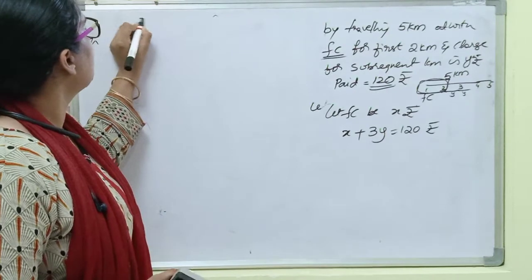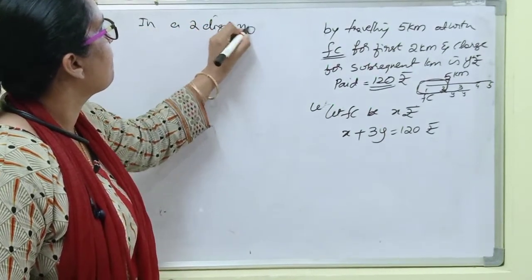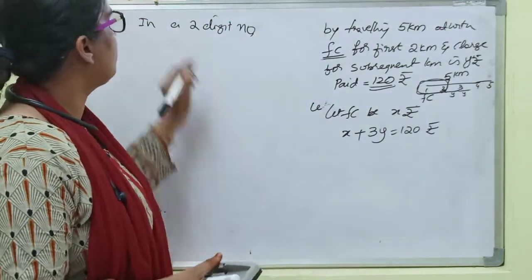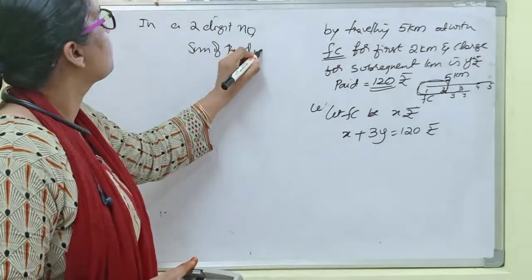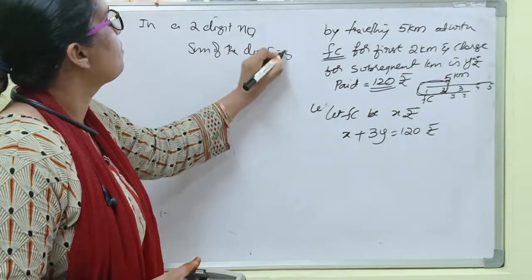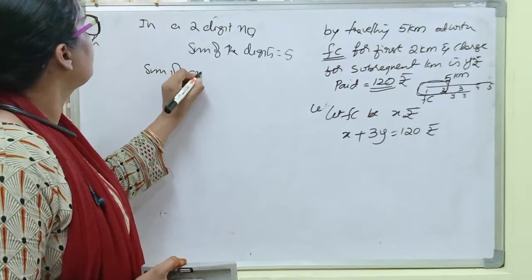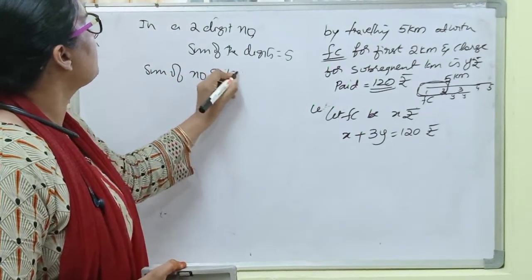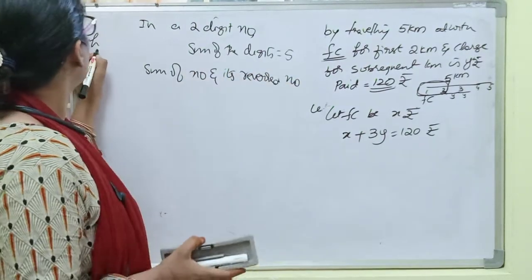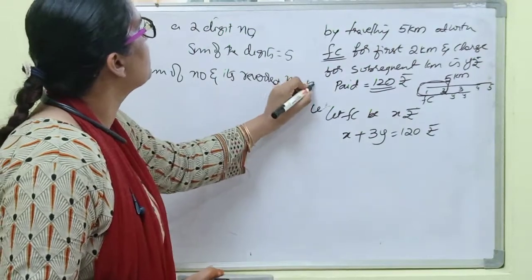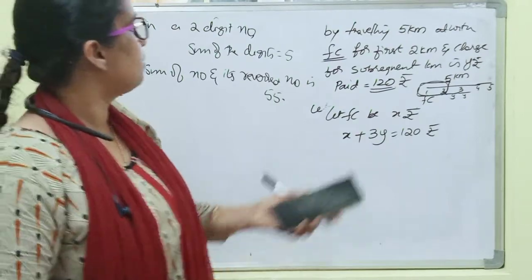In a 2-digit number, the sum of the digits is 5, and the sum of the number and its reversed number is 55. Okay, so let us write it in mathematical form.